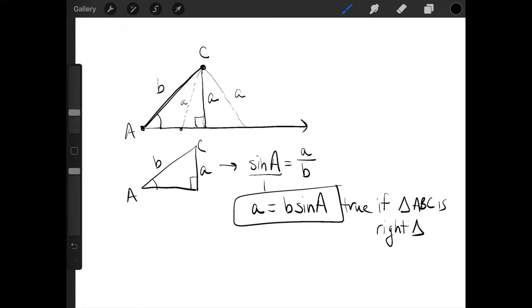So on number 1, what it asks you is, this is number 1a in your bookwork. So number 1a says, how many triangles, if a is smaller than b sine of A?